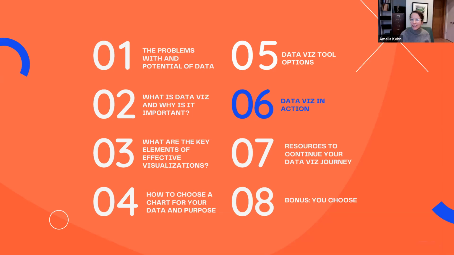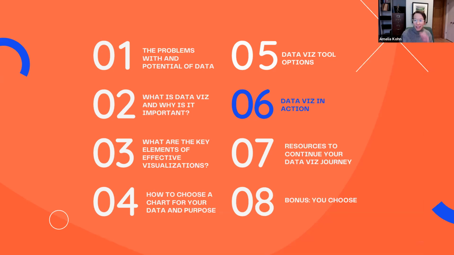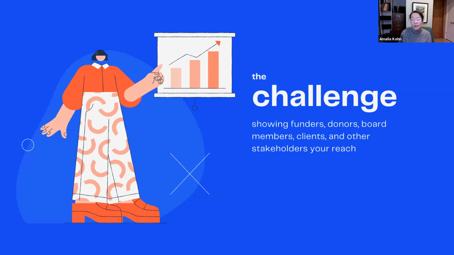Okay, let's go ahead, and people can trickle in as they become available. Now we're going to take what we've learned so far and apply it to a familiar challenge using the type of data that you probably already have on hand. The challenge is showing funders, donors, board members, clients, and other stakeholders your reach.